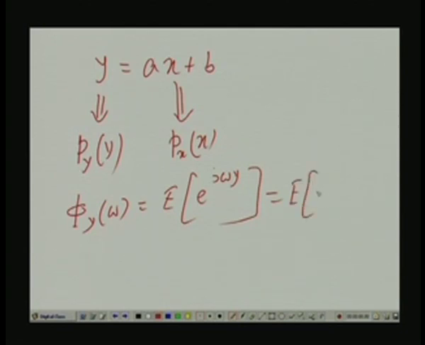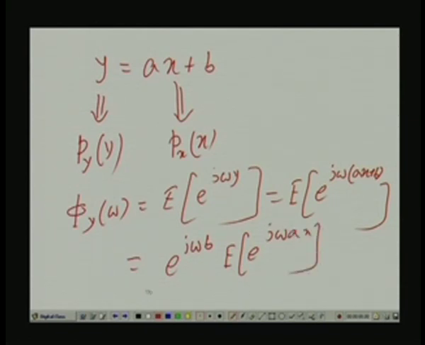So, this is again the expected value of e to the power j omega (a x plus b), and you have this quantity outside, e to the power j omega b, times the expected value of e to the power j omega a x, which means e to the power j omega b times phi x, not omega, but a omega. Okay. This is a very useful relation and used in practice.